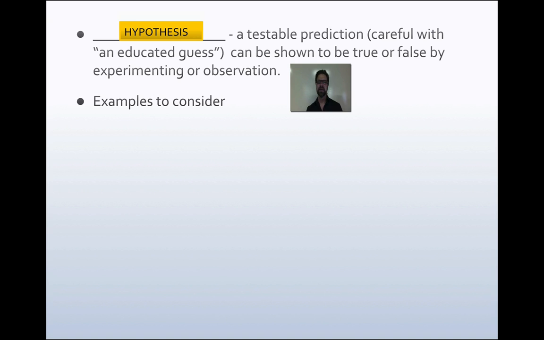Someone once told me at the end of both sides of a rainbow, you'll find a pot of gold, and we know that's ridiculous. But a testable prediction, if we use that as the definition for hypothesis, can be shown to be true or false by experimentation or observation.